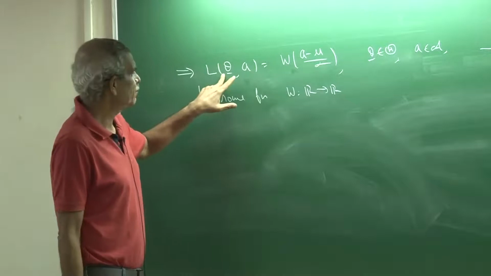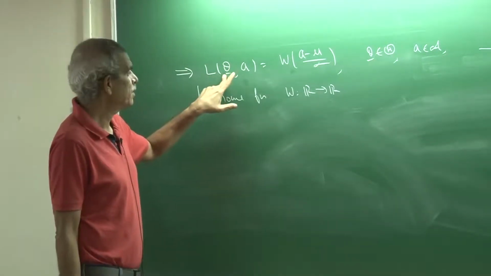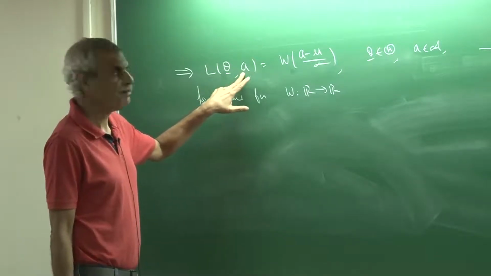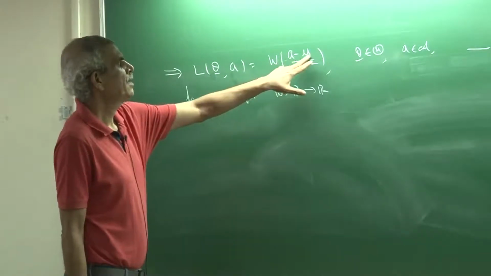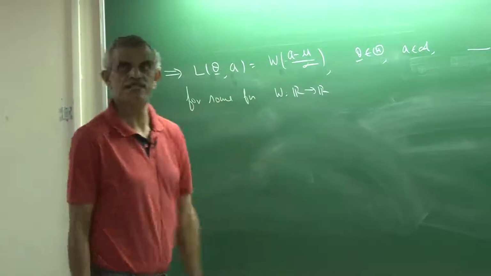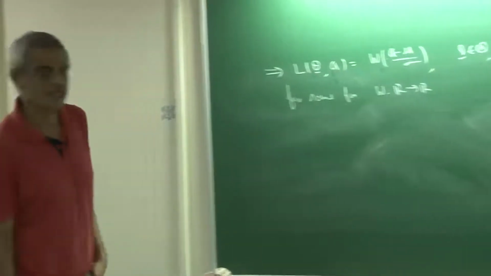So what I have to do? I have to see whether L of B mu plus C, BA plus C, when I consider B mu plus C, BA plus C, C gets cancelled, B becomes common, but theta goes to B sigma, so B also gets cancelled. So any function of this type is invariant.